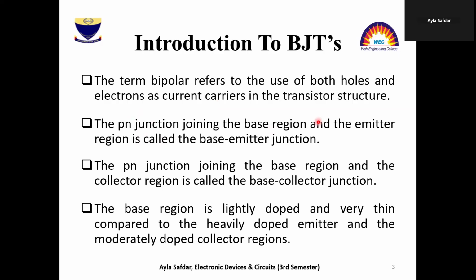The PN junction joining the base region and the emitter region, as I told you, is the base emitter junction, while the junction between the collector region and the base region is the base collector junction. As for the doping, as I mentioned in the previous slide, the base region is lightly doped and very thin.